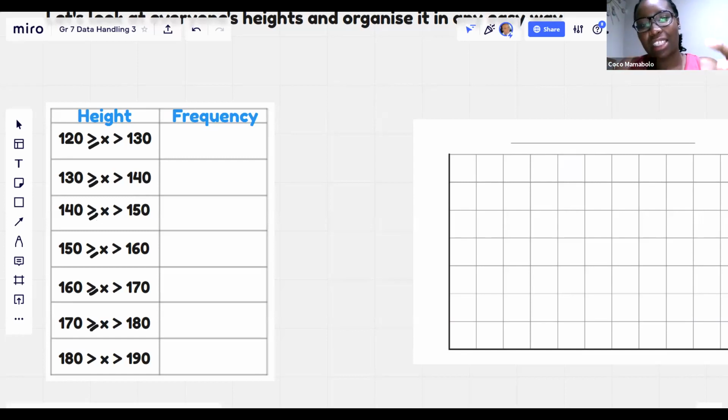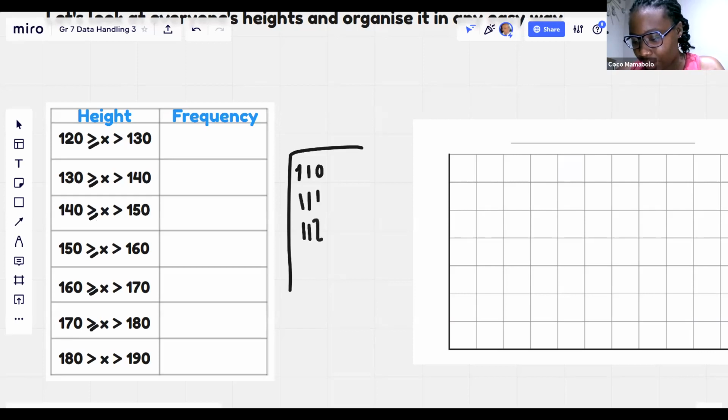It's not so nice, and it doesn't make it easy for us to work with, because now I can't draw a table. I wouldn't be able to draw a table and go, okay, so I need the first one to be 110, and then the next one to be 111, 112, 113. We're going to be here all night trying to fit everybody's heights into one space.